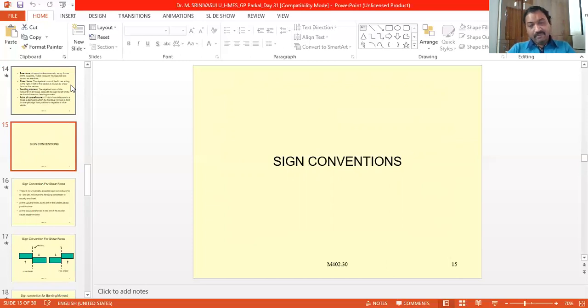First of all, we should know which force creates which type of shear force or bending moment. But it is not true that a positive shear force will always produce a positive bending moment, and a negative shear force will always produce a negative bending moment. It is not like that. Whether the shear force is positive or negative, it may produce a positive or negative bending moment.